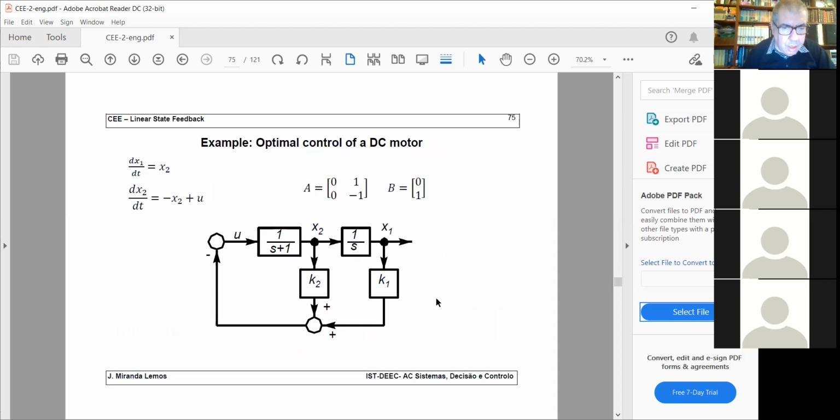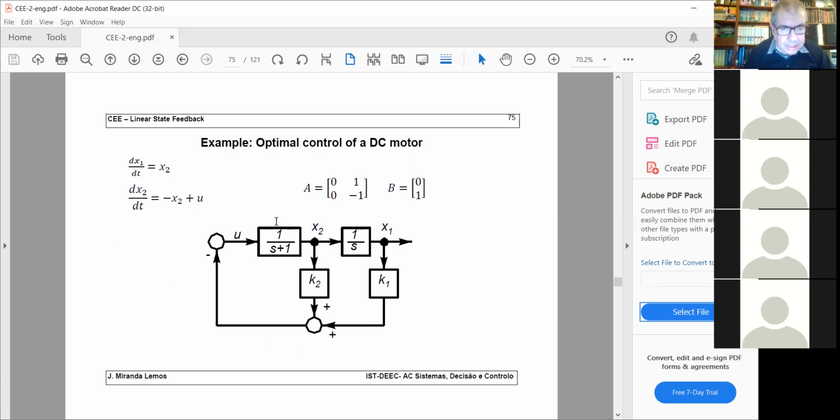Now, let me give you one example. Suppose that I have this state model, that corresponds to this A matrix and to this B vector. And you do a state feedback.